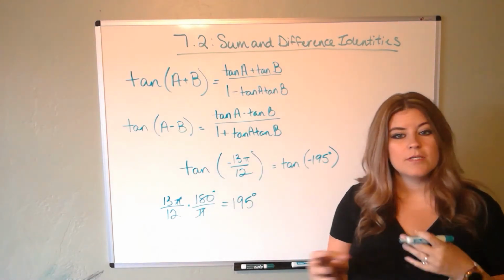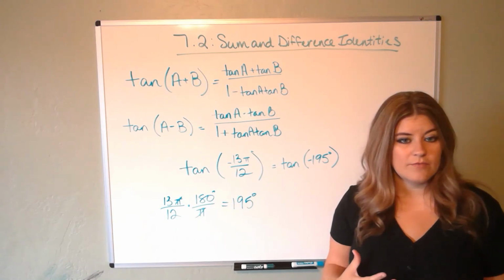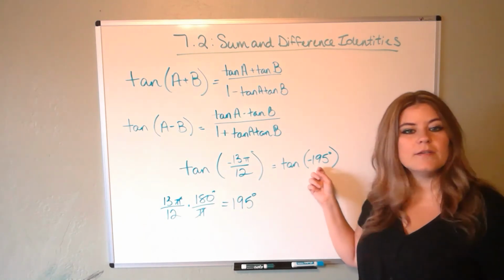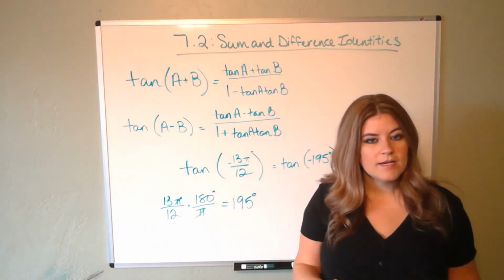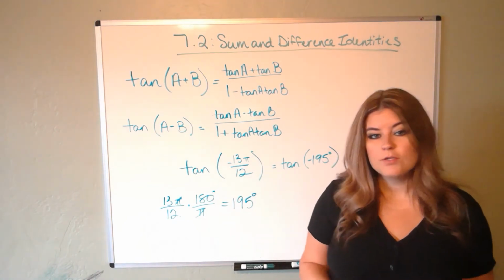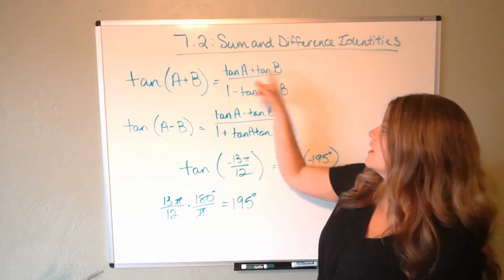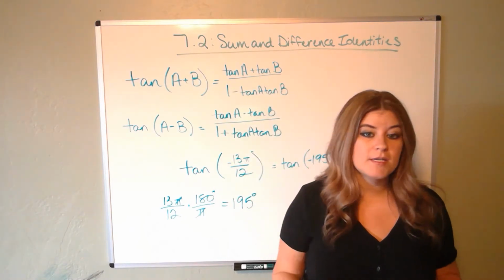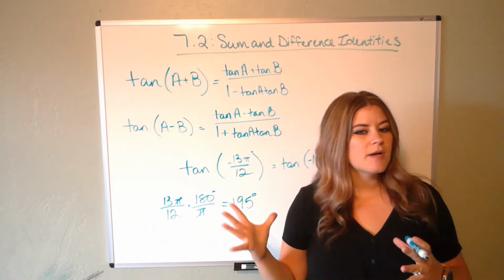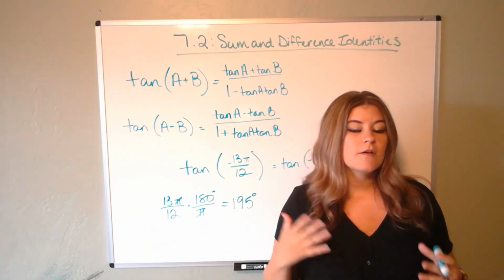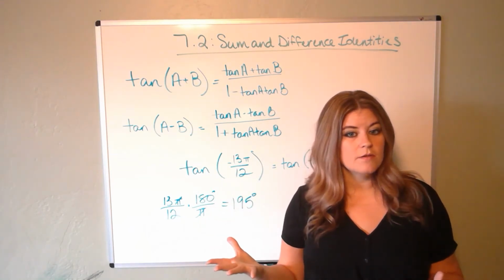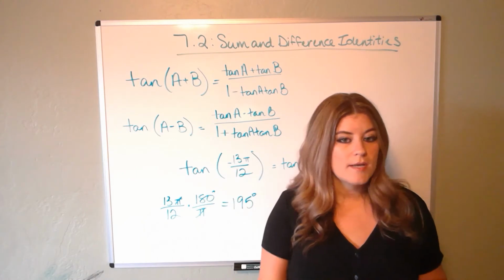We've been working with smaller angles like 30 and 45. So I need to find a way to find negative 195. Remember, you don't want to use negative angles in your A and B, right? You want those to be positive. So think about a way to write maybe a difference of two angles that are on your unit circle that would add up to negative 195.